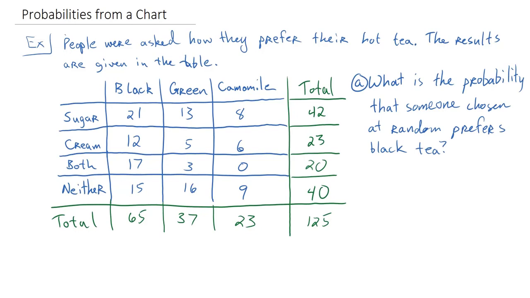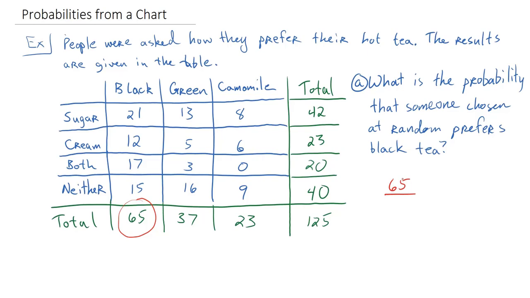What is the probability that someone chosen at random prefers black tea? Now this isn't specifying how they prefer their black tea, so anyone who likes black tea would count in this probability. So there are 65 of those. That's going to go in our numerator of our probability, because the top number of probability is how many different ways the event that we're asking about could occur.